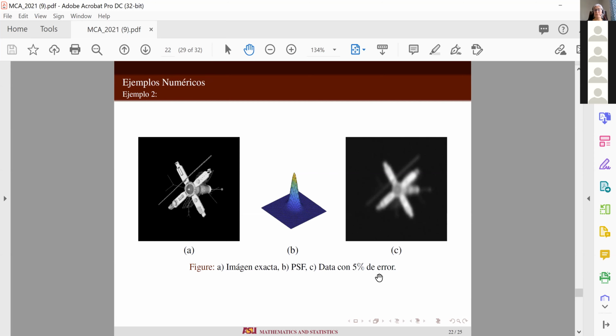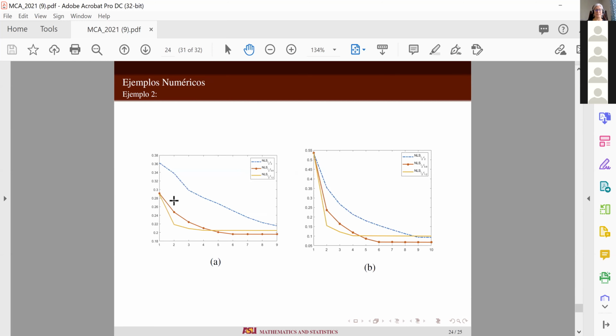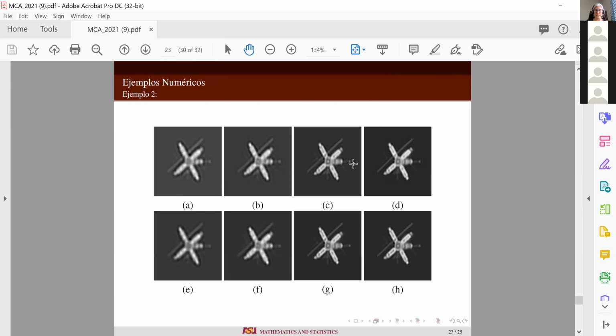Another example: this is what we consider the true image. This is, again, an exponential function, a Gaussian blur, and then this is our data. So given this, we want to get here. Of course, we'll never get here, but we try to get as close as we can. Some examples here show that we are improving.